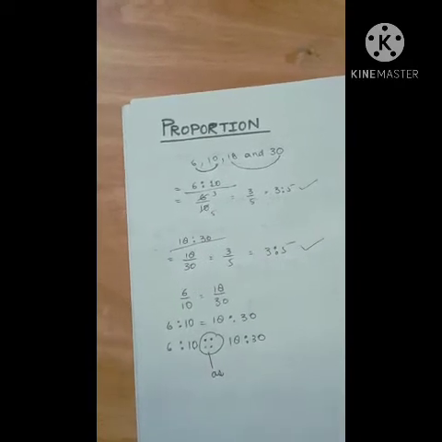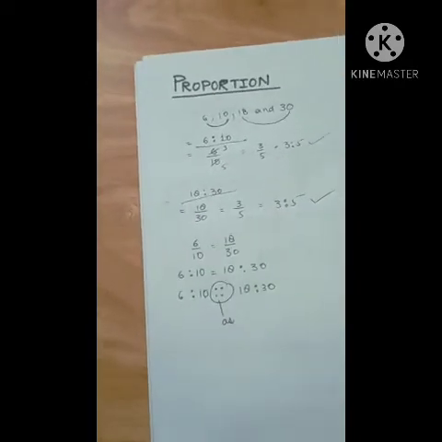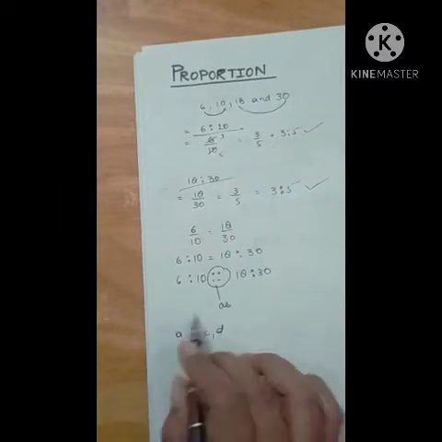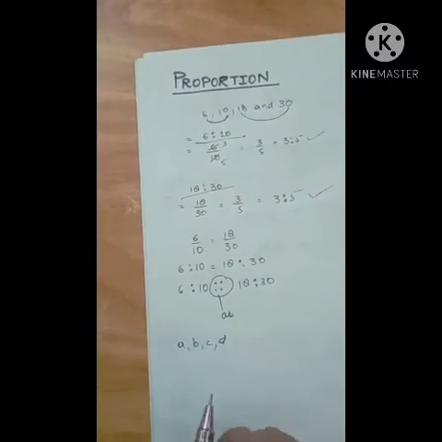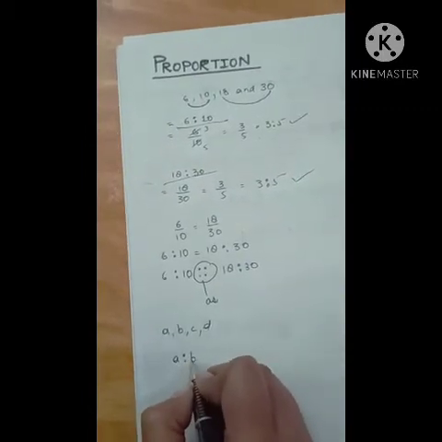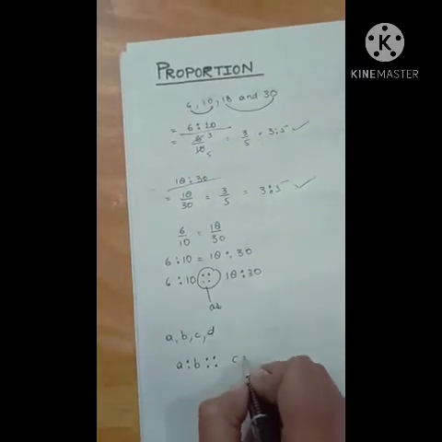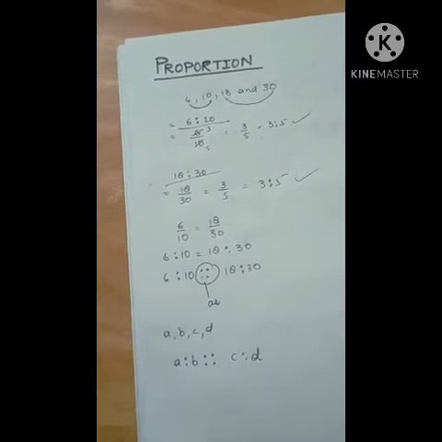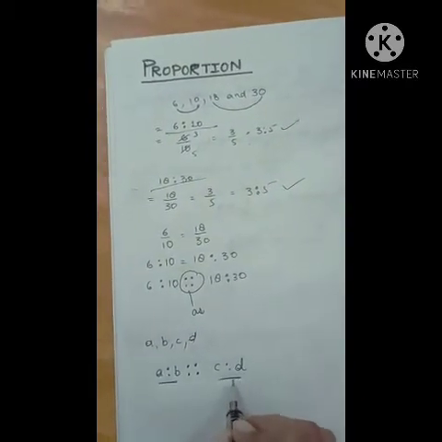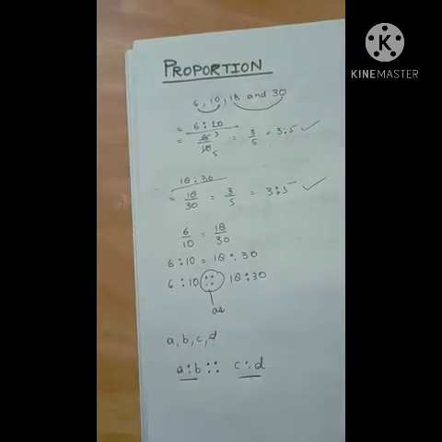Okay. So A, B, C, D. Suppose these are four numbers and they are said to be in proportion if A is to B as C is to D. It means that the ratio of these two numbers is equal to these two.